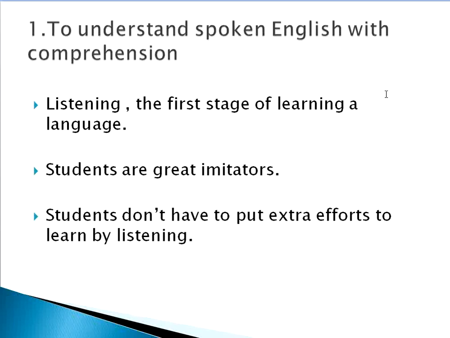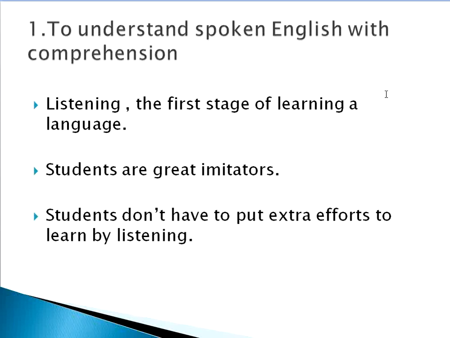The students will never be able to imitate the proper one, because they are great imitators. And as a teacher, you can understand that teachers are the role models for students. That is why it is very mandatory for you as a teacher to be very careful in front of your students while reading something. So this is all about the second point.